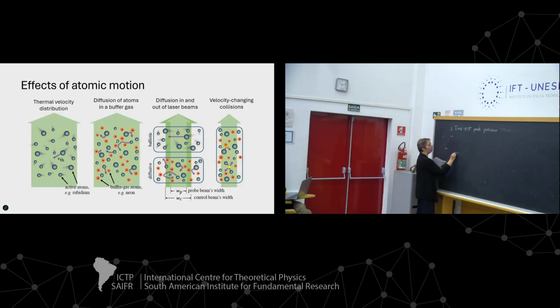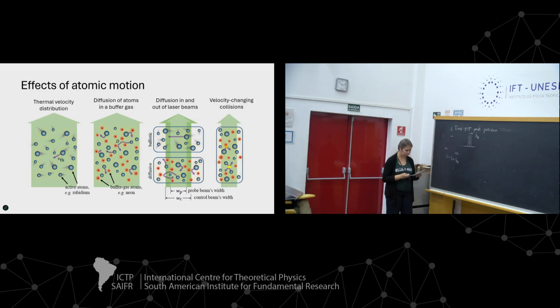If your levels shift, that means that your two-photon detuning is going to change. So you're going to add some magnetic-dependent shift, and your EIT resonance is going to shift. So if you had your EIT somewhere here, it's going to shift by an amount proportional to the magnetic field. So this is the classical approach.